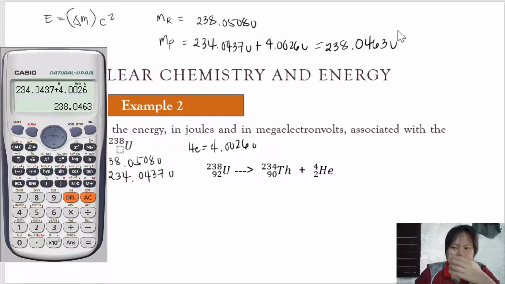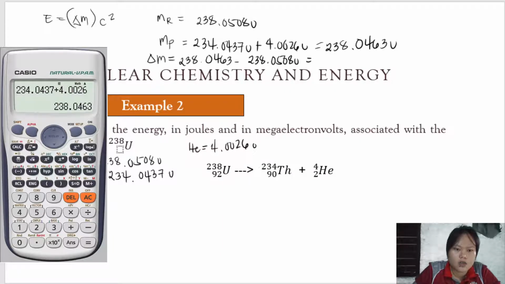Next, since we got both the mass of the reactants and the mass of the product, we can compute for the mass defect, or delta M. So that's 238.0463 minus 238.0508 U. Using the calculator, that would be negative 4.5 times 10 raised to negative 3.